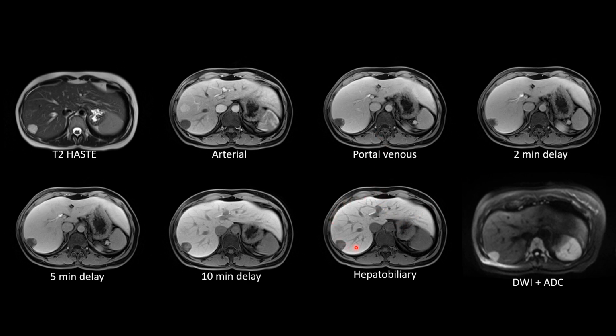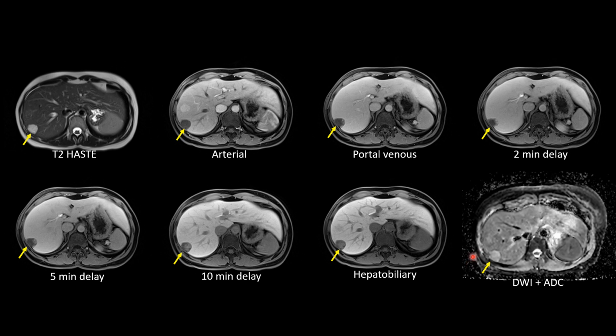Notice on the hepatobiliary phase, there is uptake of Eovist within the T2 isointense nodule, and there's hypointensity within the T2 hyperintense nodule. You can see that hyperintense nodule on the DWI.